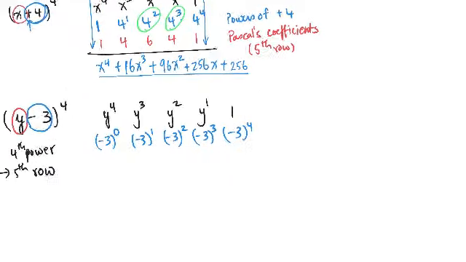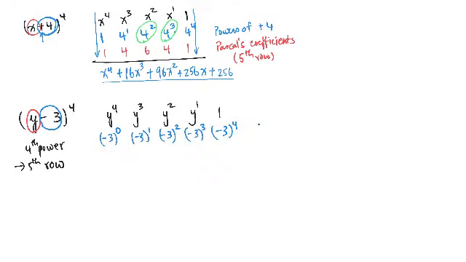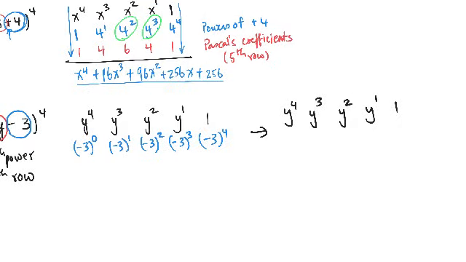And now I'm just going to rewrite this whole table here just to show you very clearly how I'm simplifying. So negative 3 to the 0 is 1, and negative 3 to the 1 is negative 3. Negative 3 squared is positive 9. Negative 3 cubed is negative 27, and negative 3 to the 4th is positive 81, okay?